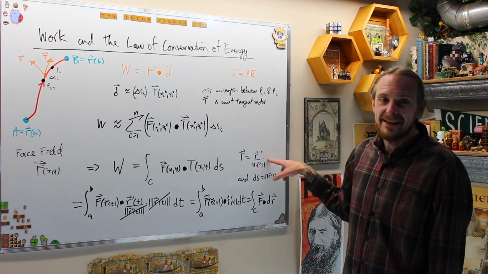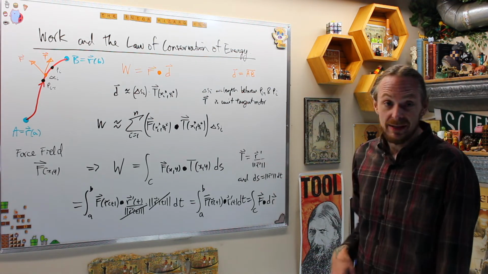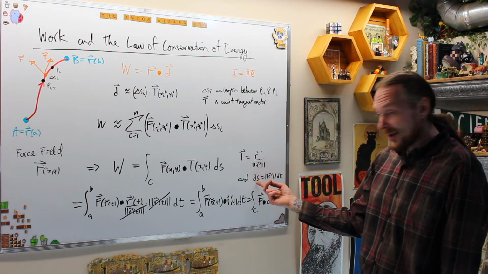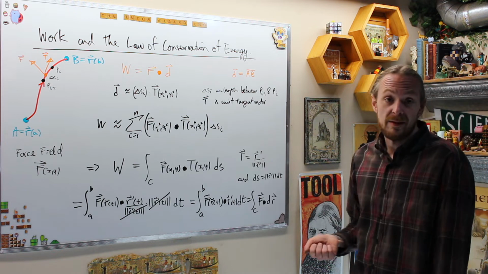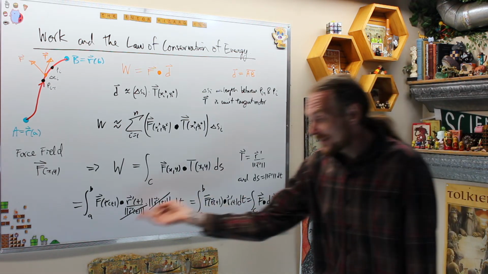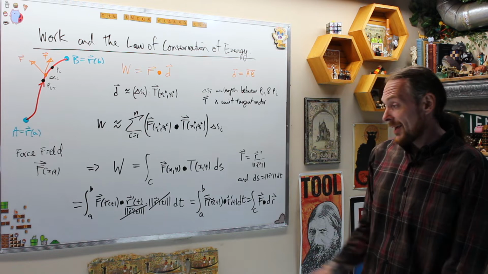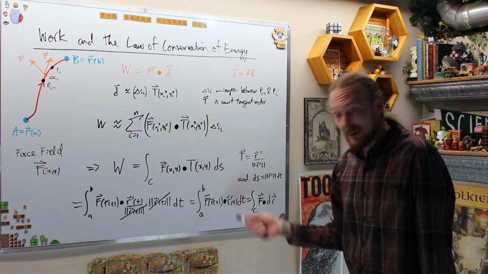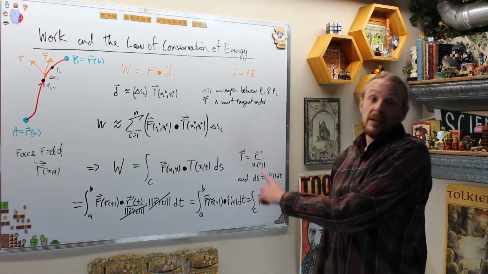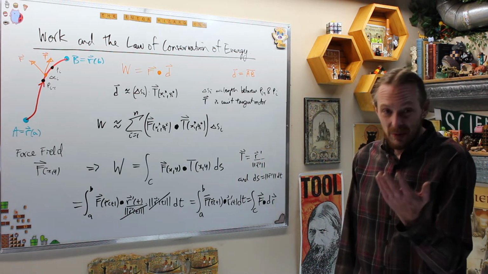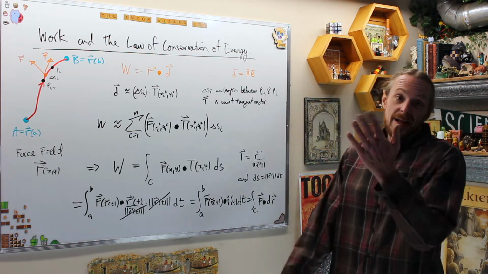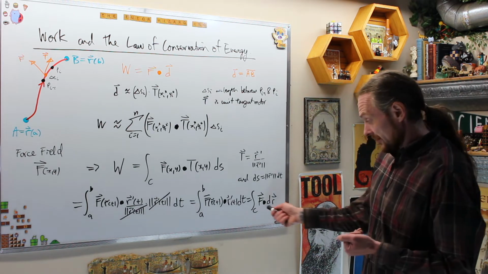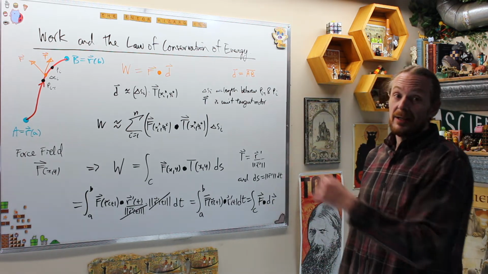Then we recall again that this unit tangent vector specifically was the velocity over its length, or r prime over the norm of r prime, and our arc length differential is the norm of r prime dt. Putting those in there, we cleverly get that these cancel, and we get that work is the integral from a to b of f of r of t dot r prime of t, which is our definition of the line integral over a vector field. So the definition of how we define a line integral over a vector field is work for physicists. Work is the line integral of that vector field dot dr.